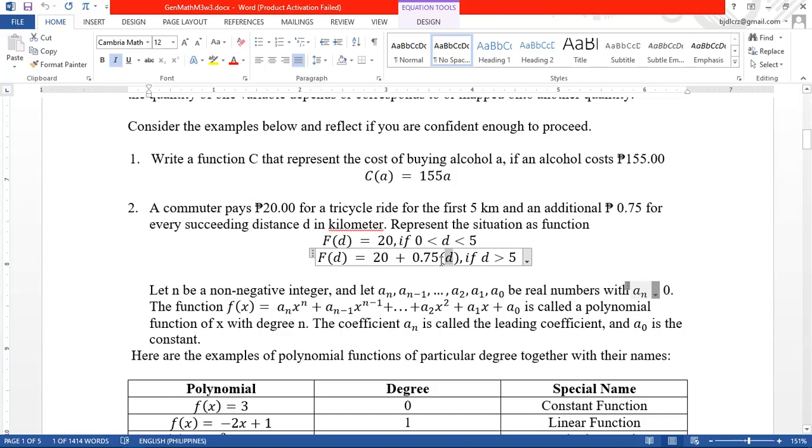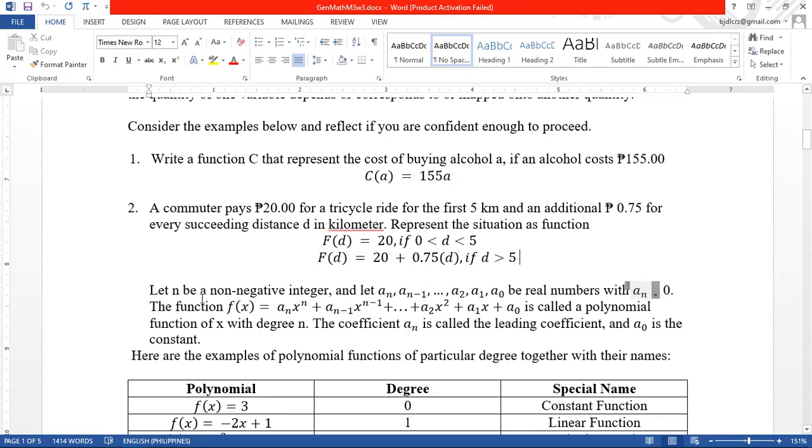So 0.75 times d if d is greater than 5. We can write this in piecewise function style. Here in the example it is written separately, but it is actually a piecewise function.